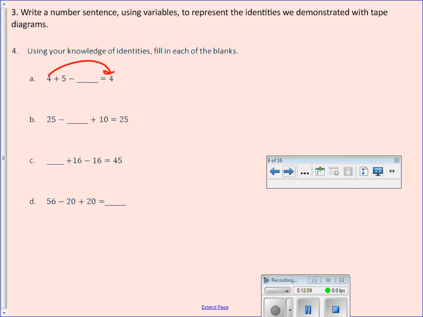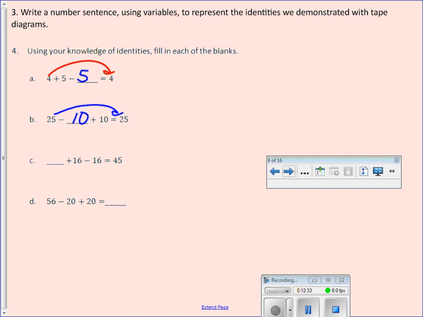If I have 4, I add 5, what do I have to take away so that I'm left with my 4? 5. If I have 25 and I take something away, but I put 10 back, and I had 25, what did I take away? 10. So I kept the same identity.